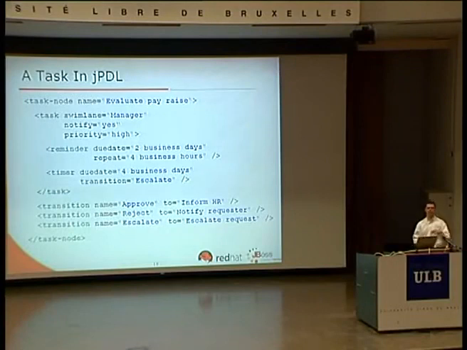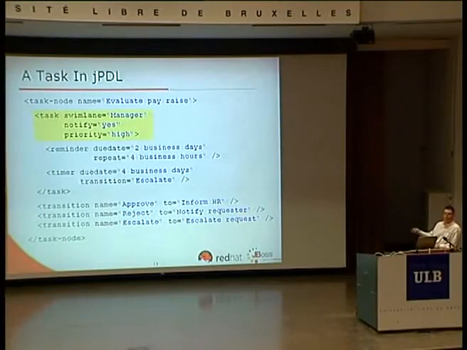So now let's look at the task in JPDL. I'm just going to give you some highlights of the features that we offer in terms of task management. There are various ways to assign tasks to people. One of the ways is swim lanes. You see here, this is the swim lane.